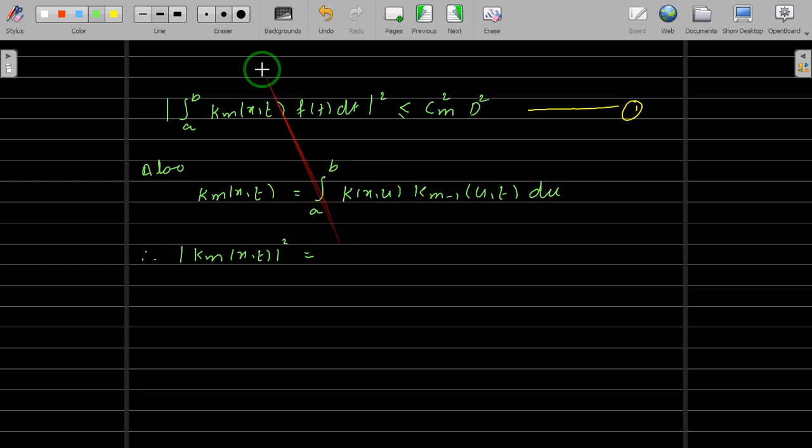And again, by using the same inequalities, you will have less than or equal to this one and this one. So let me write this way: integral a to b. You can take this first or this first. We have stated that.